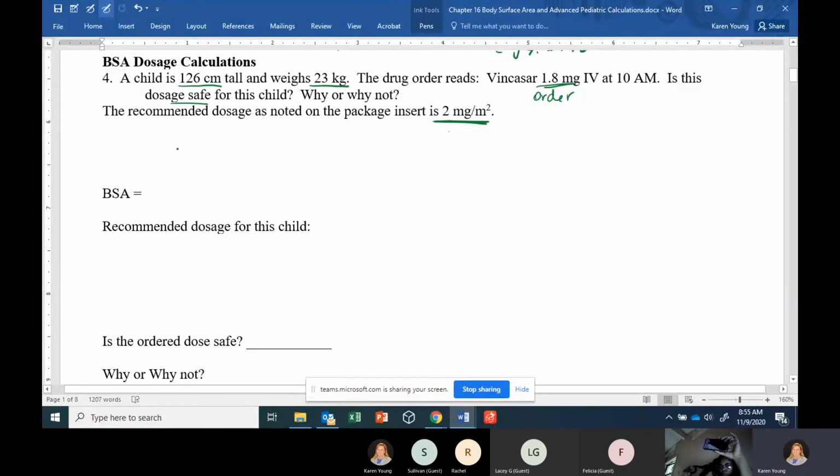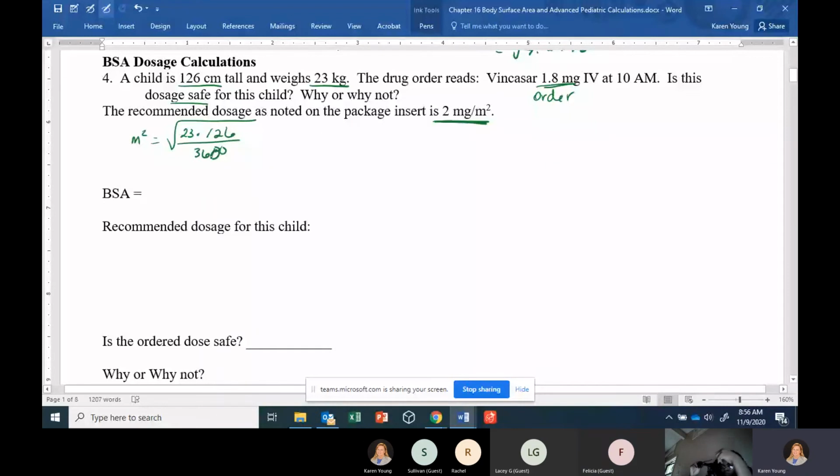So since it's in centimeters and kilograms, my BSA is going to be the weight. I'm doing that backwards again. It's 23 times the height, which is 126, divided by 3,600.